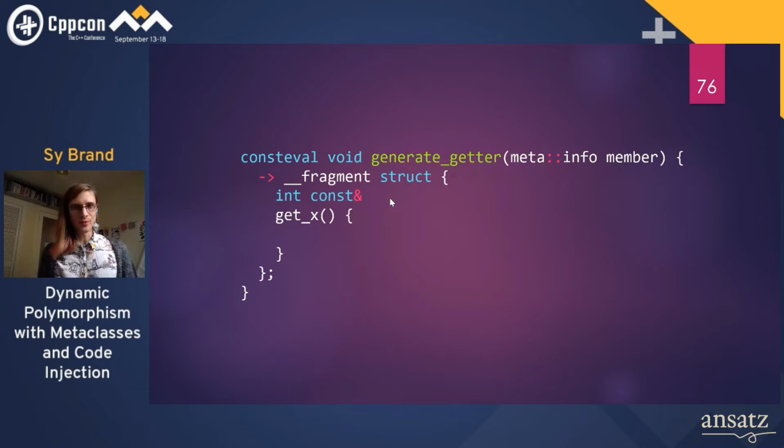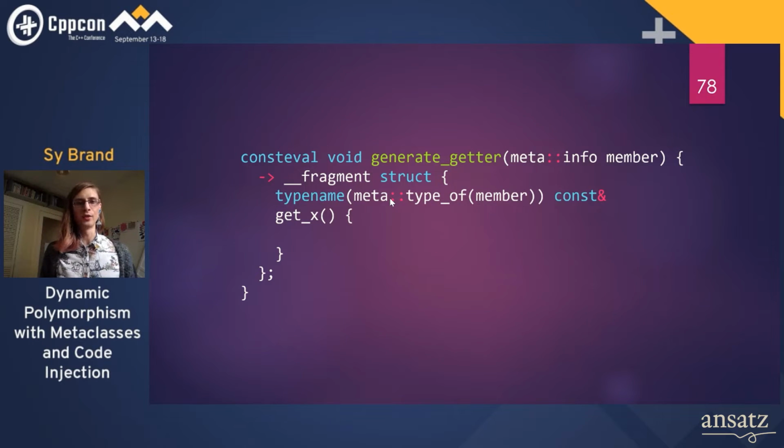So what we want is something like this. We want to inject a function which will look like this. Of course, we want to vary this information based on the reflection information we're given. So I'm going to slowly transform this definition into a general version. So first we have the return type, which is int.